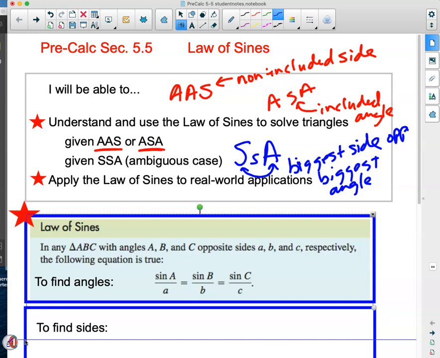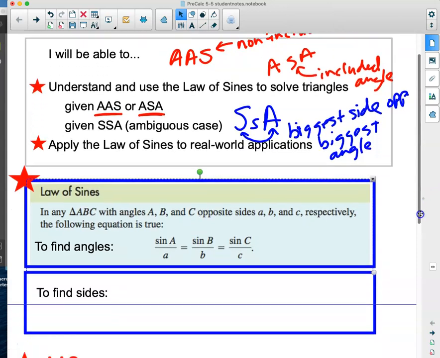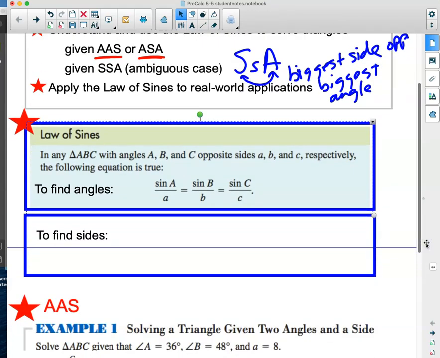The second star says, apply the law of sines to real world applications. We're going to need a couple days before we can get to that. So, law of sines, very basic, love it. In any triangle ABC with angles A, B, and C, and opposite sides, again notice uppercase letters for the vertices, the angles, and lowercase letters for the sides opposite A, B, and C, respectively, the following equation is true.